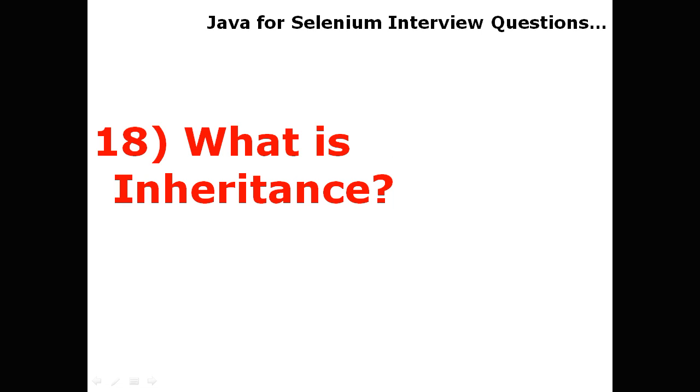Okay. Next, what is inheritance? Inheritance, OOPS concept, object oriented programming concept. It is a process of inheriting. Inheriting means reusing. It is a process of inheriting the class members. Class members means variables and methods from one class to another class is called inheritance.